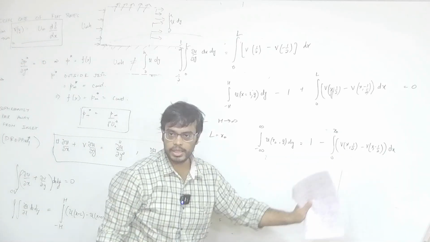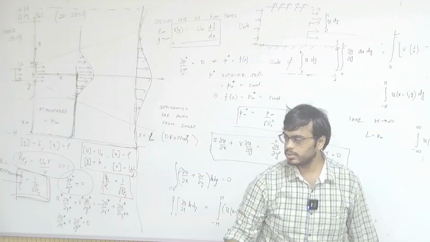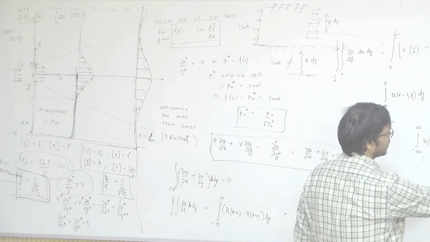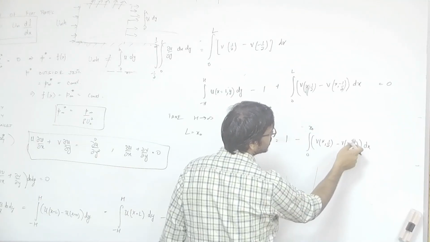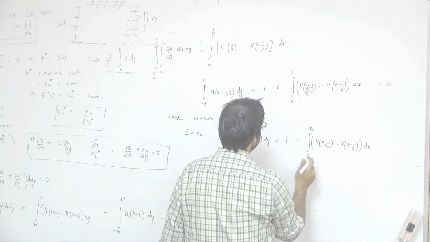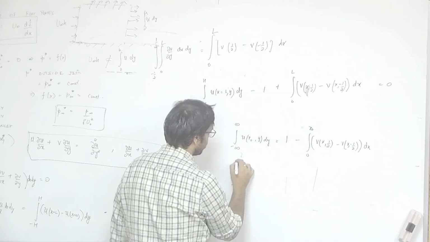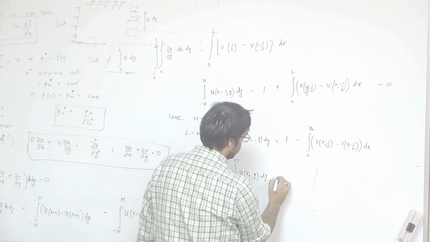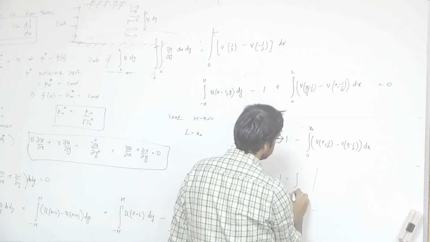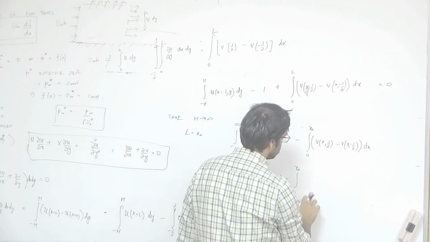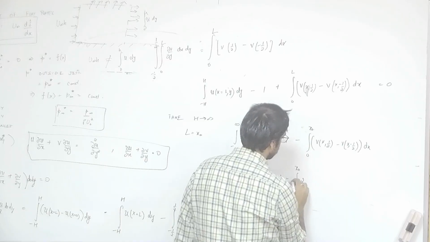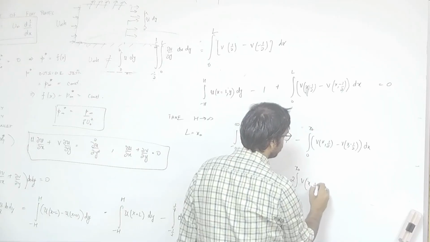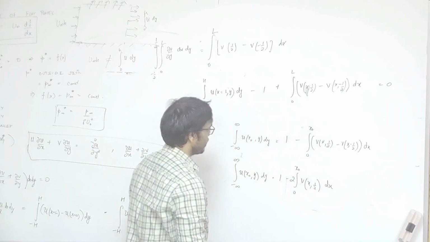So when you're subtracting, you have 2 times v of x comma half, since v of x comma minus half is actually minus of this. So this quantity is 2 times v of x comma half dx.